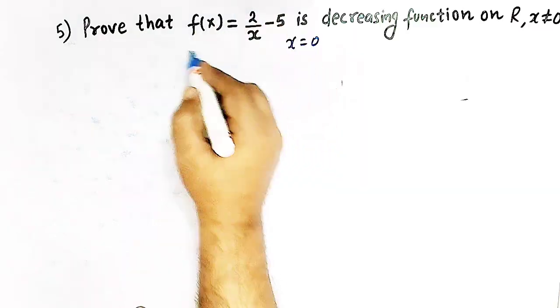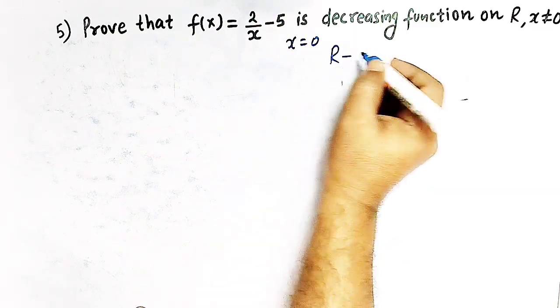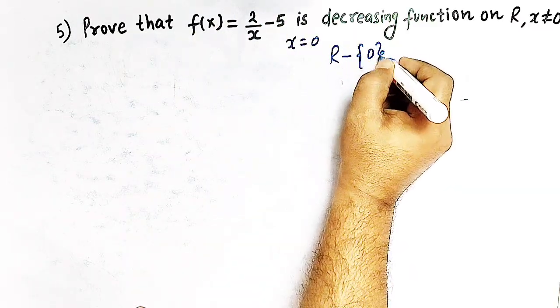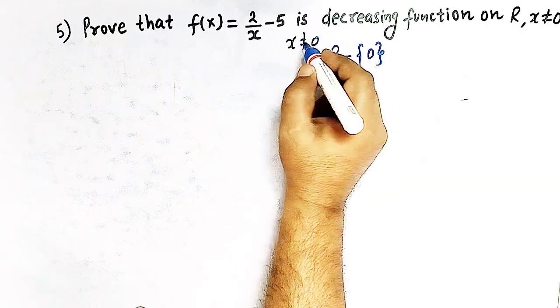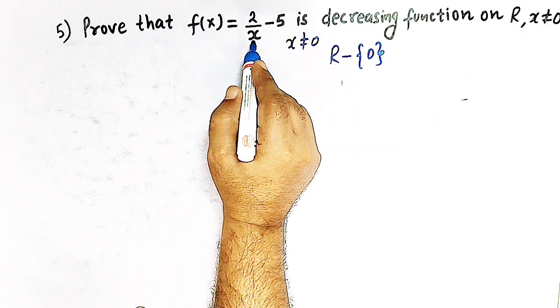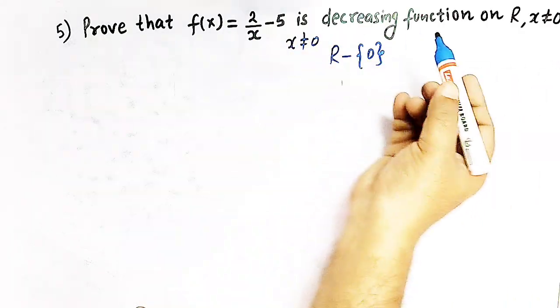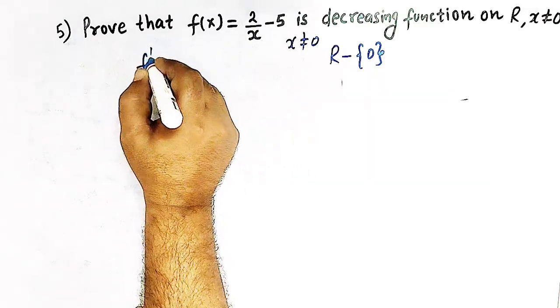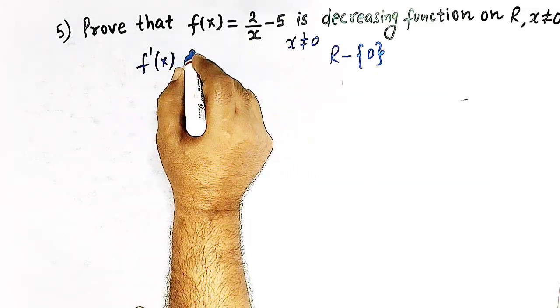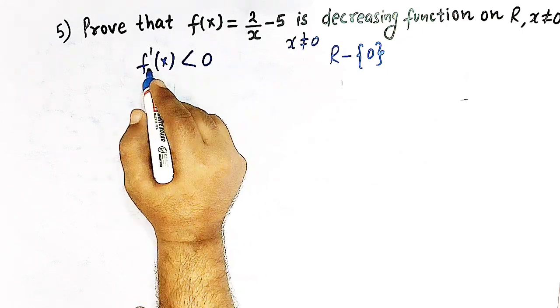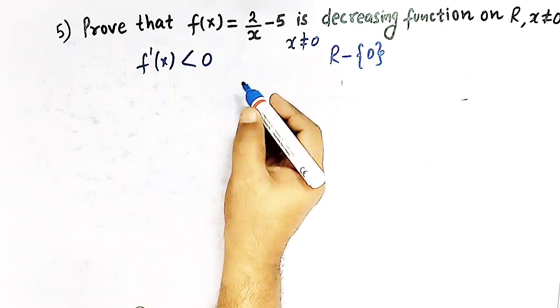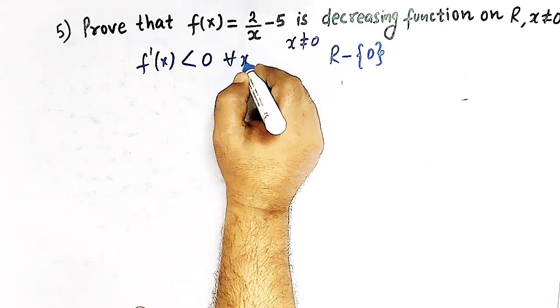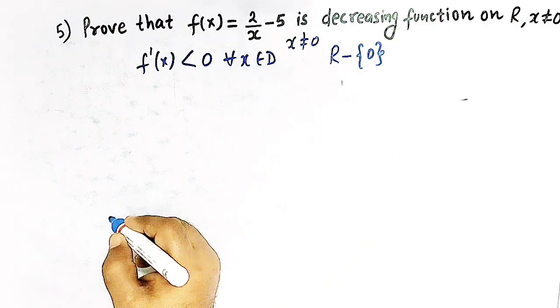So the domain is given by R minus 0, that is, x should not be equal to 0. Now a function is said to be a decreasing function if the derivative f prime of x is less than 0, or the derivative is negative for all x belonging to the domain.